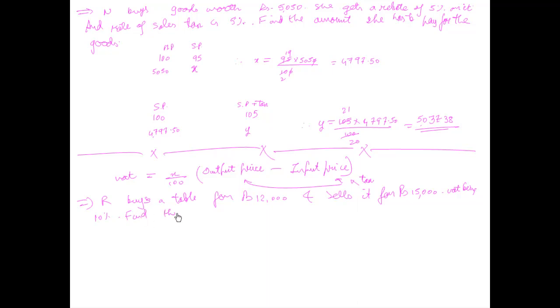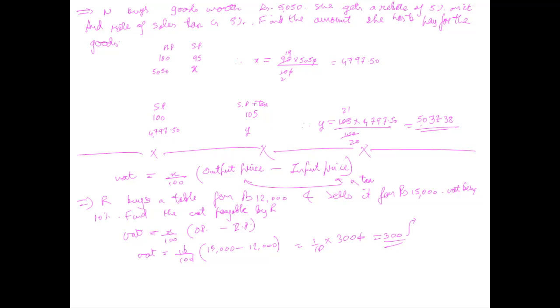Find the VAT payable by R. So, children, VAT we know is X% of output price minus input price. VAT equals X% of output price minus input price. Difference comes out to be 3,000 rupees, children. 1/10 of 3,000 will be 300 rupees. That's the VAT payable by R to the government. This amount he will pay to the government, children.